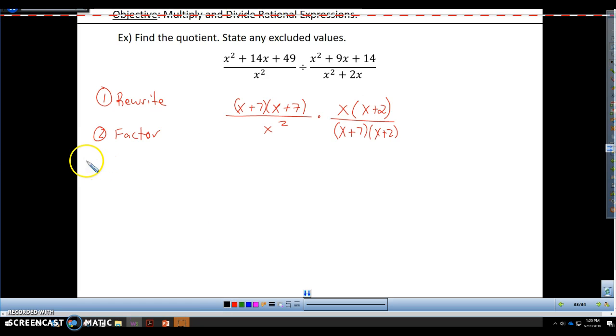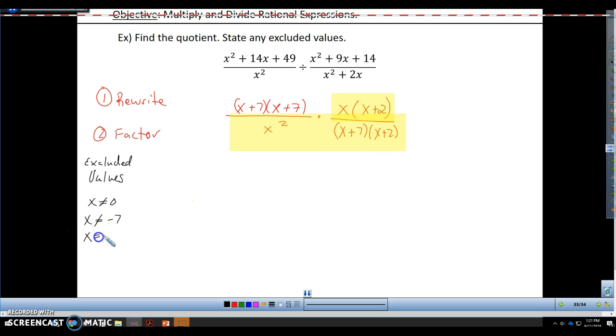So I want to go ahead and remind you of excluded values. Here's where I'll pick apart my excluded values, and I get these from these values here. So all three of those pieces will give me my excluded values. Here I have x squared, so that implies that x cannot be 0. Here I have x plus 7 cannot be 0. That implies x cannot be negative 7.